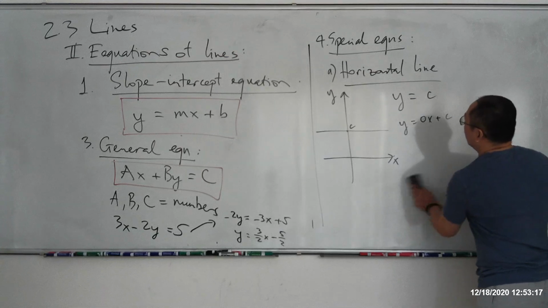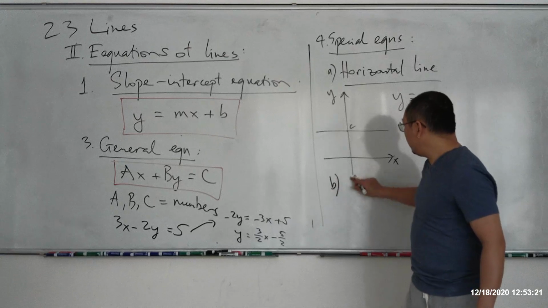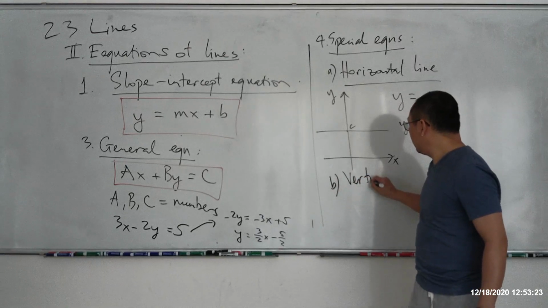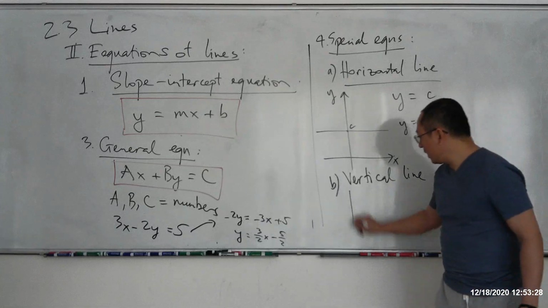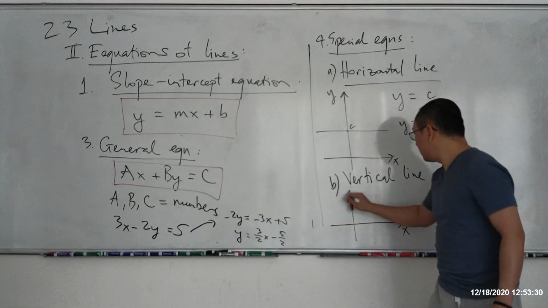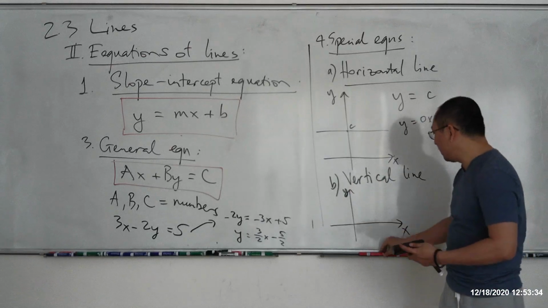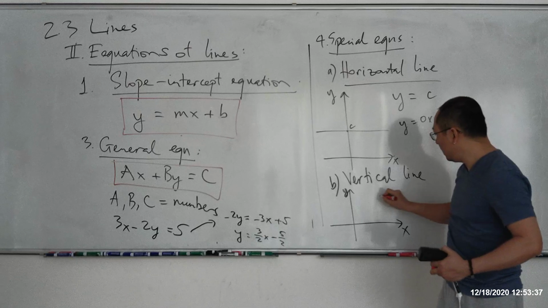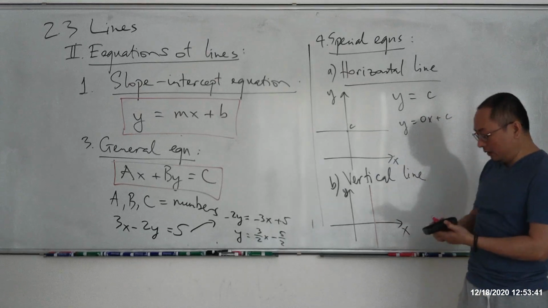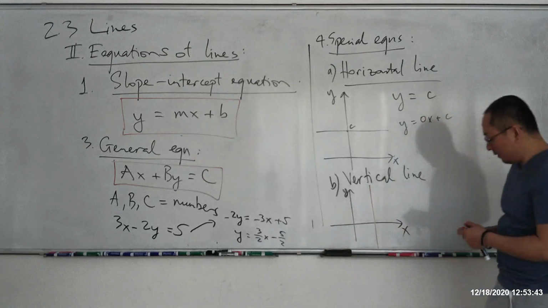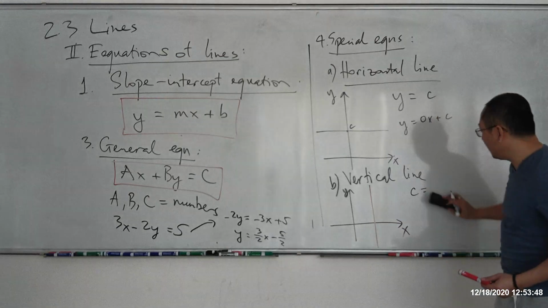Similarly, you have another type of special line called the vertical line. Okay, so let me draw it right here. X-axis, y-axis. Now the vertical line is very similar to the horizontal line, but instead of being horizontal, it is vertical. Okay, and the equation for the vertical line is x equal to a constant.